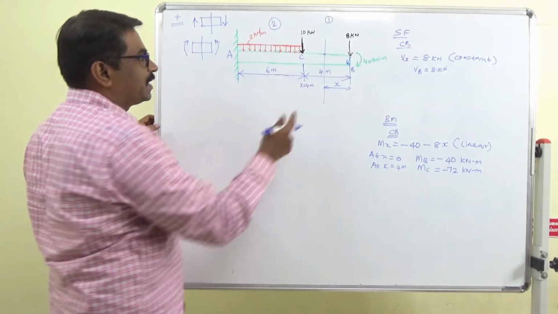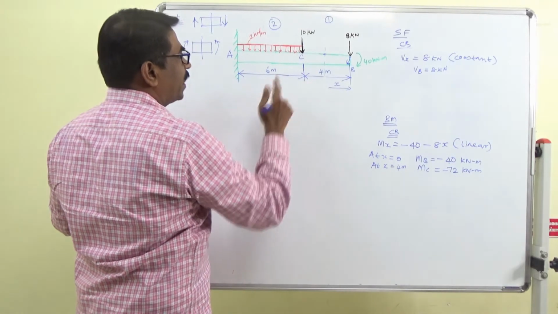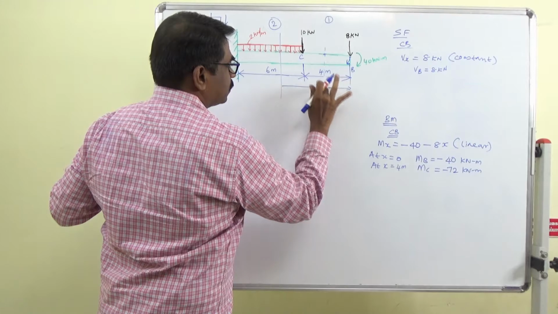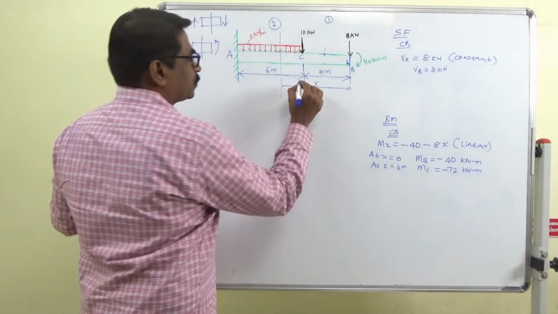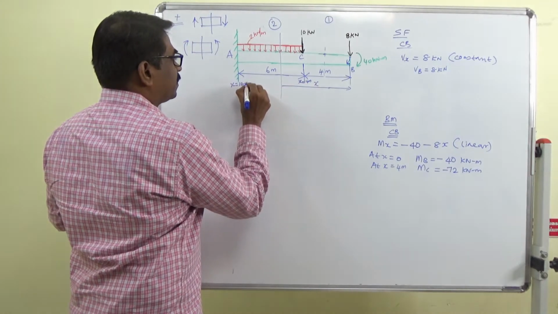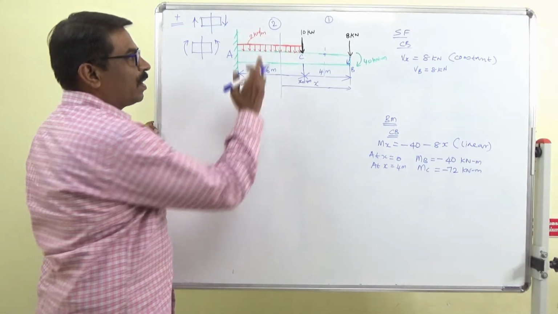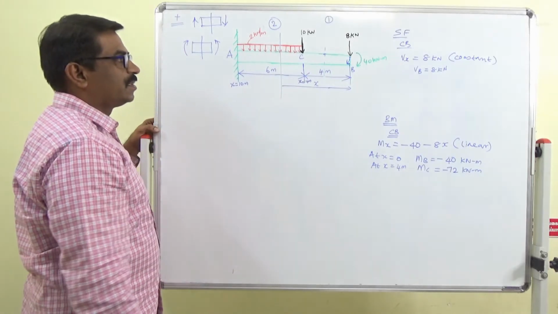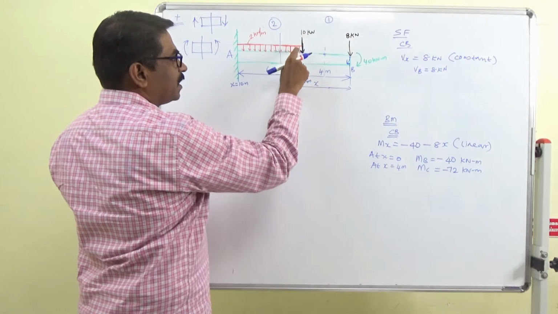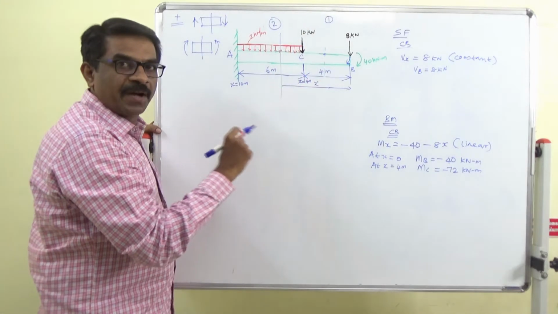Now we will move on to the second segment. I will delete this. Okay, I'll pass a section. x equal to 4 meter, x equal to 10 meter, so that is the segment, right? Now I have passed a section, and I will add all the forces to the right. So I have one force, second force, and then this portion of UDL you have to change into a point load.